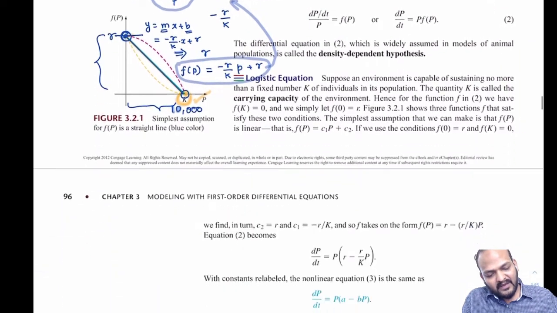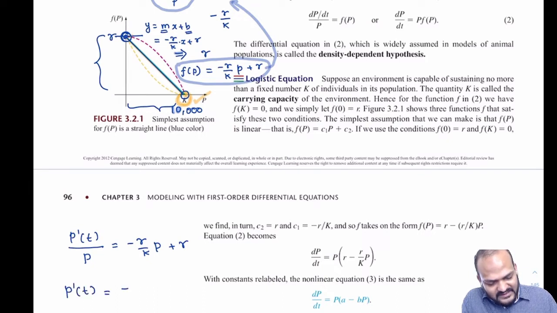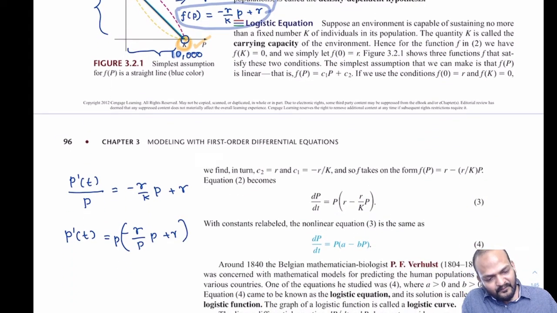If I plug that back in here, ladies and gentlemen, what I'm going to have is that P prime of t, the growth of the population divided by P, which is the per capita growth rate, equals minus R over K times P plus R. And if I simplify this, P prime of t equals negative R over K times P, multiplying the P times P plus R. If I simplify this further, you're going to see this is the same as P times R minus R over K, P. That should be a K, R over K, P.